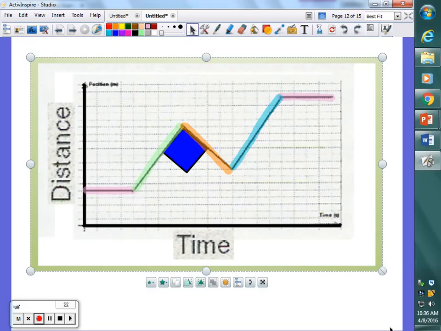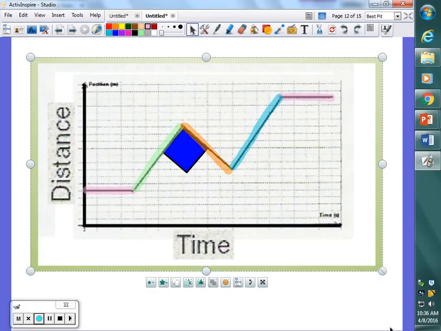The answer to the question, green and orange have the same speed, is true, because speed is a scalar quantity. It only tells you what? Magnitude, or in this case, how fast.